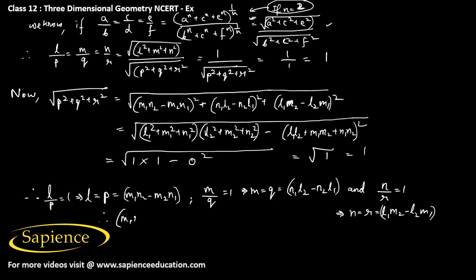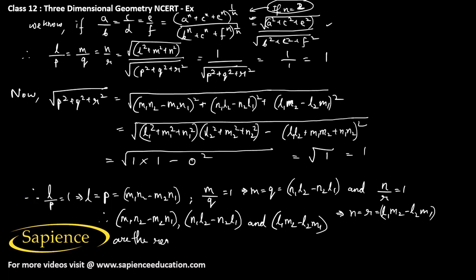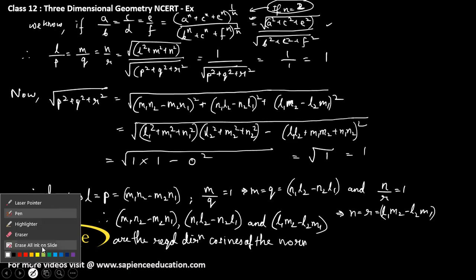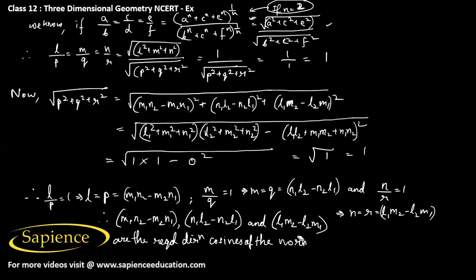Therefore I can tell that m1 n2 minus m2 n1, n1 l2 minus n2 l1, and l1 m2 minus l2 m1 are the required direction cosines of the line that is perpendicular to both the given straight lines. Hence proved.